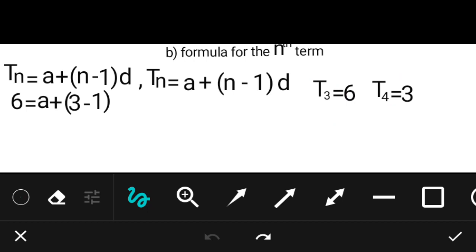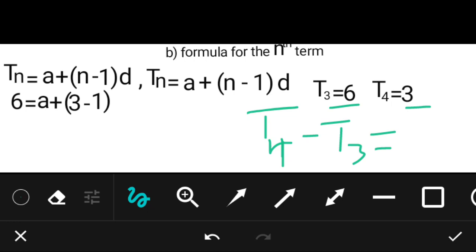Now when you subtract T4 minus T3, T4 is 3 and T3 is 6.